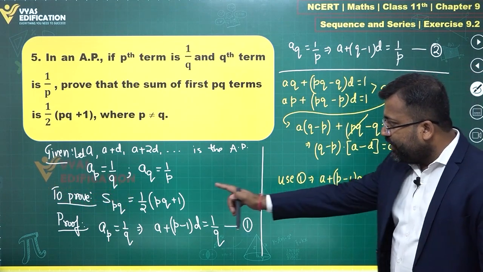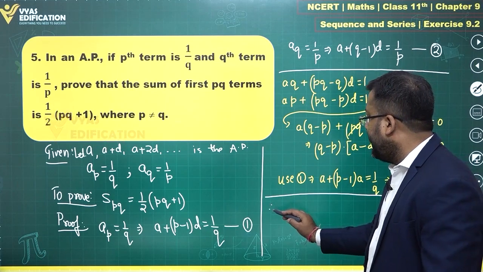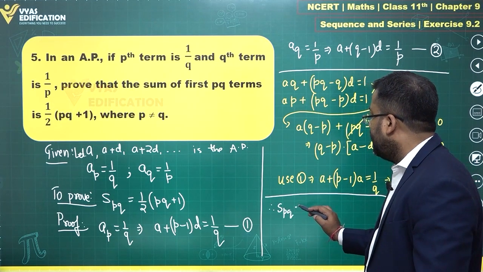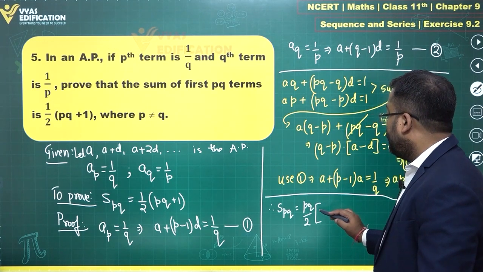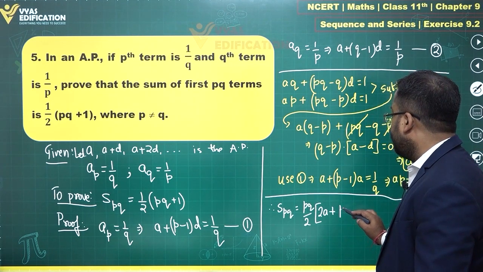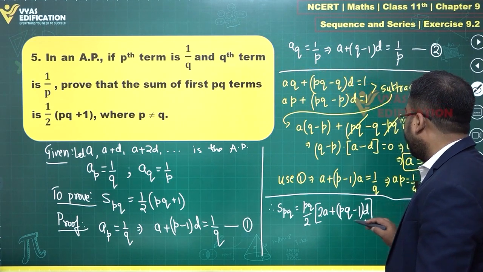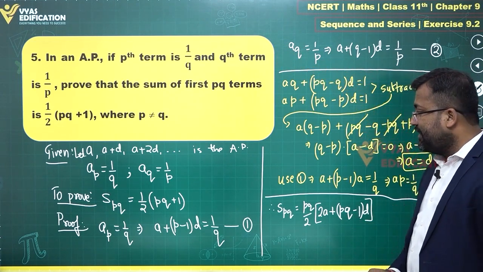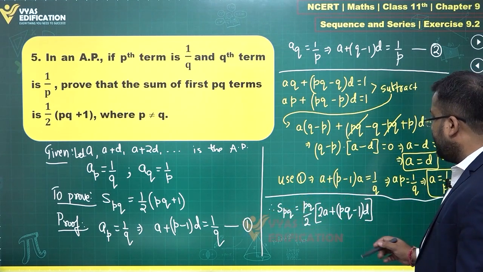And now the next target. From the point of view of the proof, we need SPQ. So SPQ is equal to PQ by 2 times 2A plus PQ minus 1 times D. What will this give me? A and D both are 1 upon PQ.